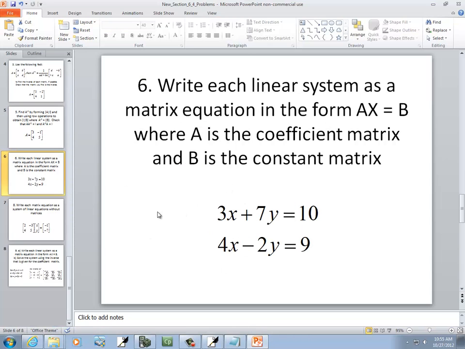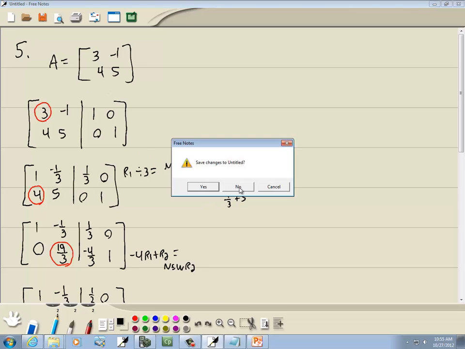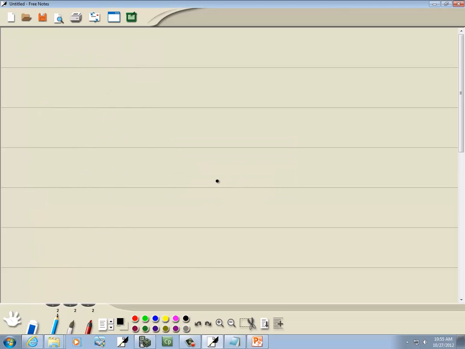Now we're going to use the inverse to help us solve some equations. And that's what this next one's talking about, is solving equations. So let's talk a little bit about it. Okay, so I got AX is equal to B. These are matrices. Well, I can solve for X by multiplying both sides by the inverse.